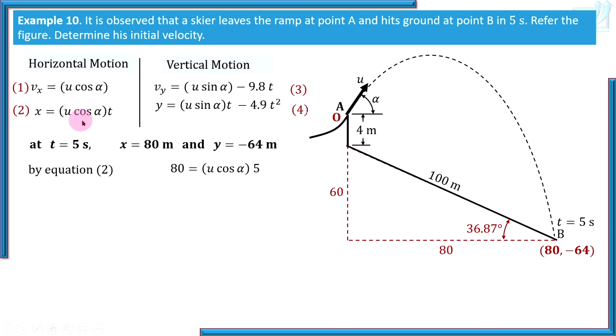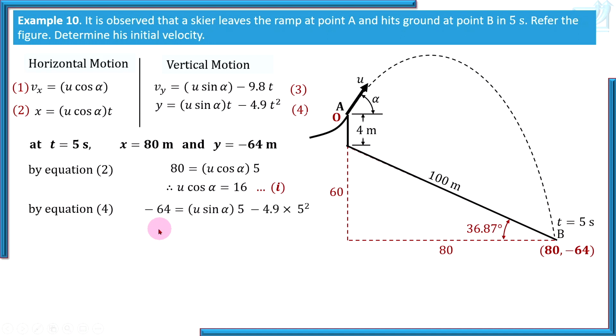I have substituted x, and t as 5, and I got u cos alpha. That is one equation with two unknowns, u and alpha. Then by equation 4, that is the equation of y, and y is minus 64. So put in equation 4, minus 64 is equal to u sin alpha, t is 5. So u sin alpha is 11.7.